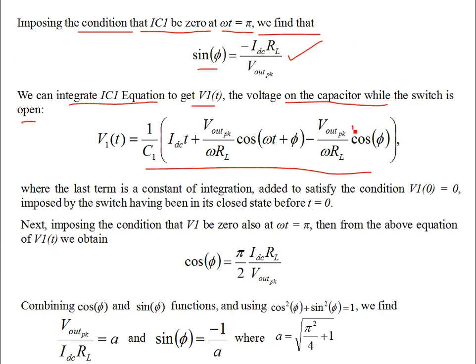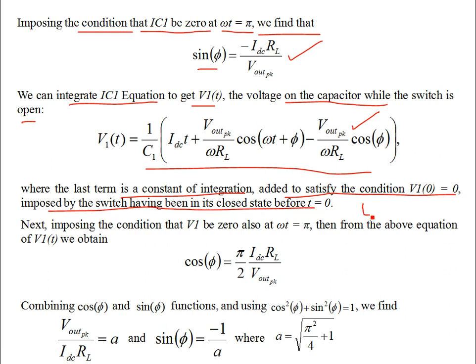So where does this term come from? This is an integration constant. The last term is an integration constant, and this is added because we have the condition that V1(0) is 0, and that is imposed by the switch having been in its closed state before t equal to 0.